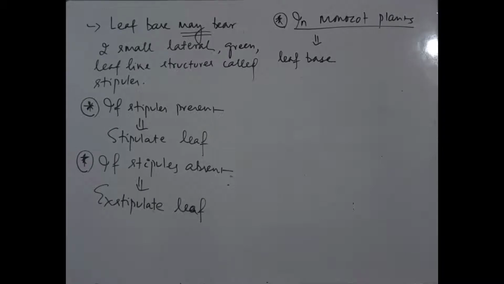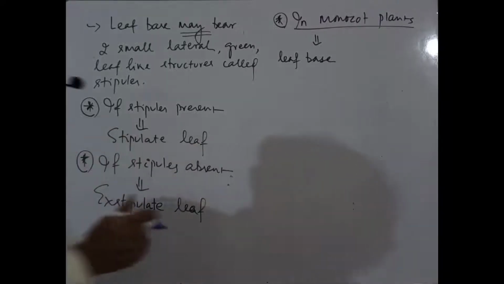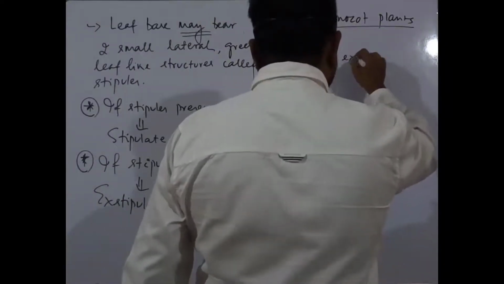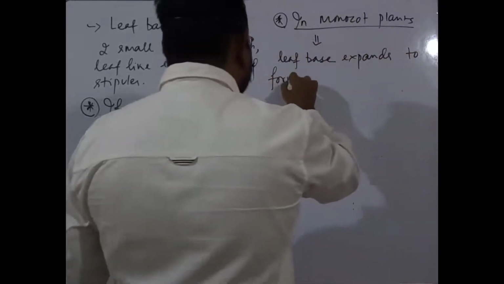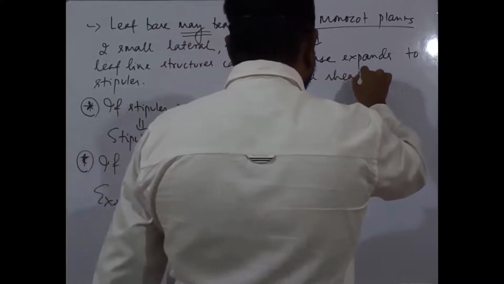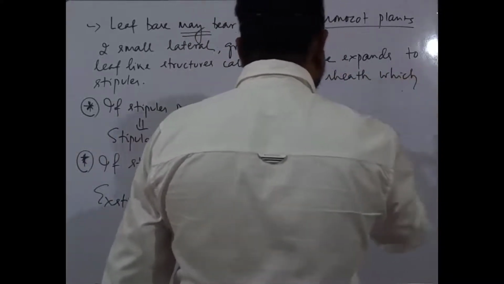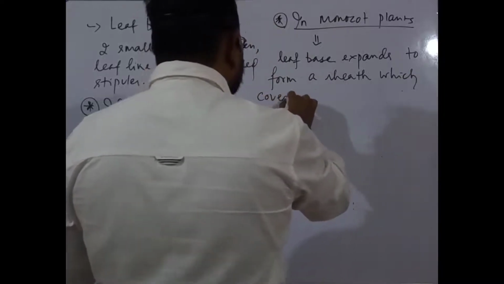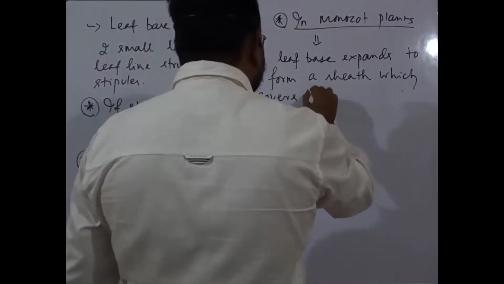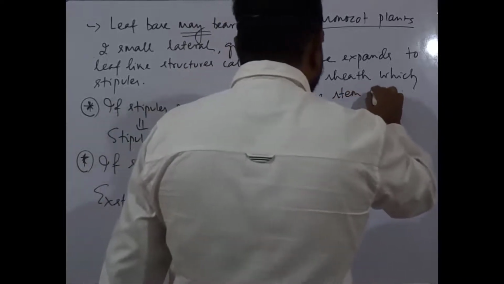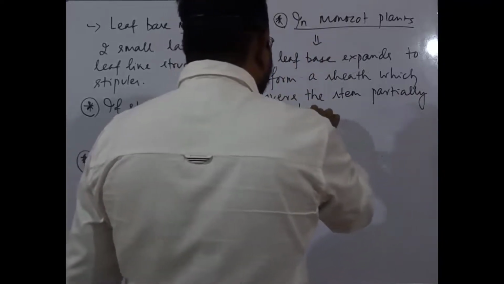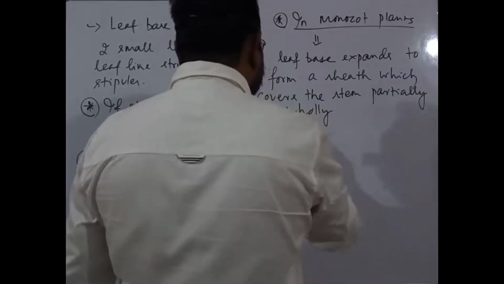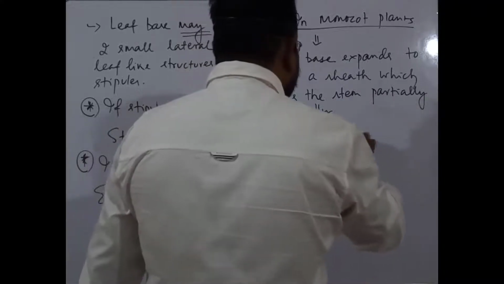Leaf base expands into a sheath and covers the stem partially or wholly, and this is called sheathing leaf base.